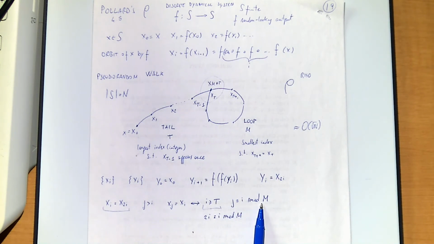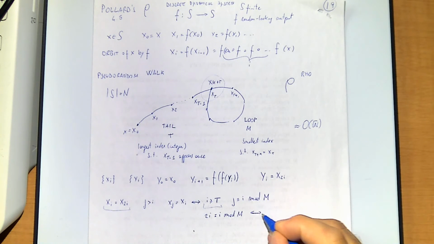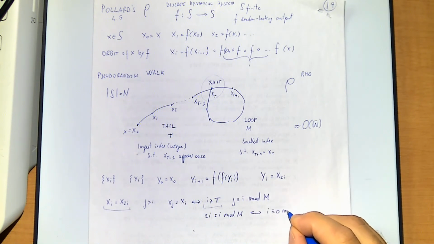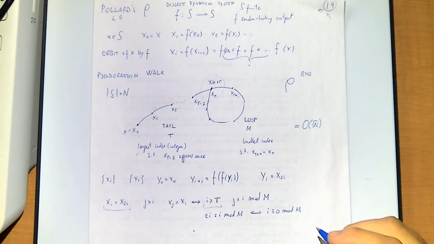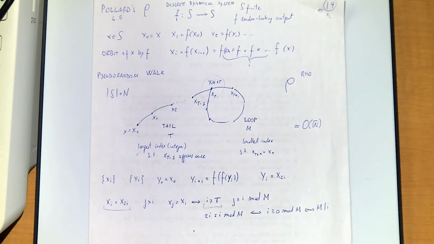But if I'm writing out two sequences, one with the xi's and one with the x2i's, then I'm really looking for this condition: a 2i that is congruent to i modulo m. The 2i would be an element of the y sequence and the i an element of the x sequence. But this is easy, because it is the same as saying that i is congruent to 0 mod m, if you just subtract i from both sides. That really is the same as saying that m divides i, so i is a multiple of m.